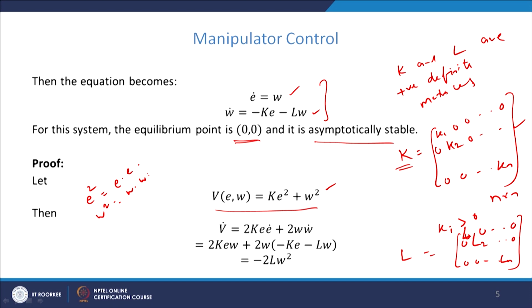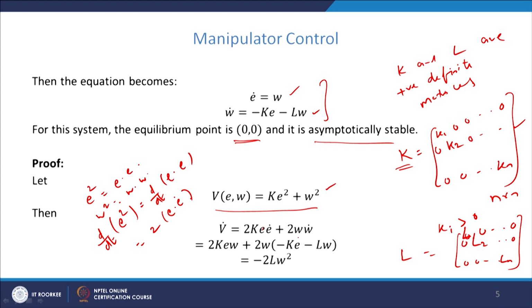So, when we take the derivative V dot, it is 2K times E dot. When E is a vector, E dot is also a vector. This is the dot product of these vectors, because when we say differentiation d by dt of E square, the meaning is d by dt of E dot E. That is nothing but 2 times E dot E dot, the derivative of E and E. So, that is written in this way.